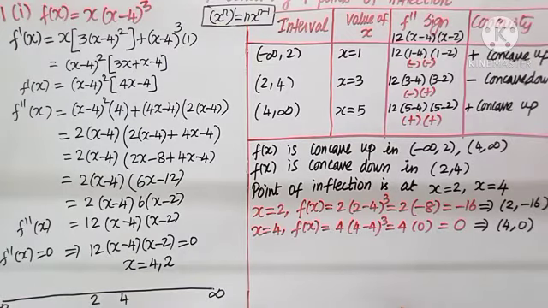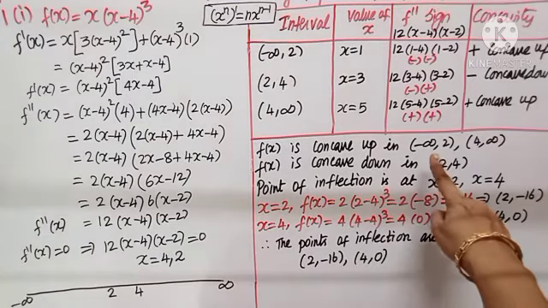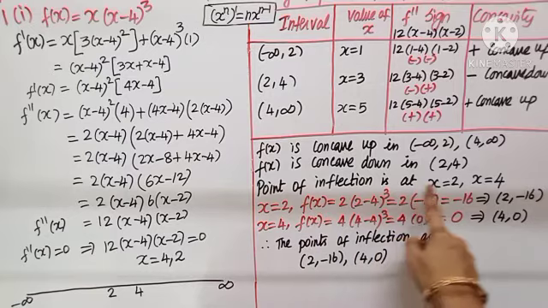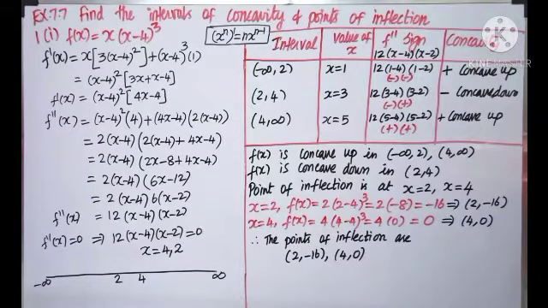For this problem, we have 2 points of inflection. Hence, we conclude f of x is concave up in minus infinity to 2 and 4 to infinity. It is concave down in 2 to 4, and the points of inflection are 2, minus 16 and 4, 0.